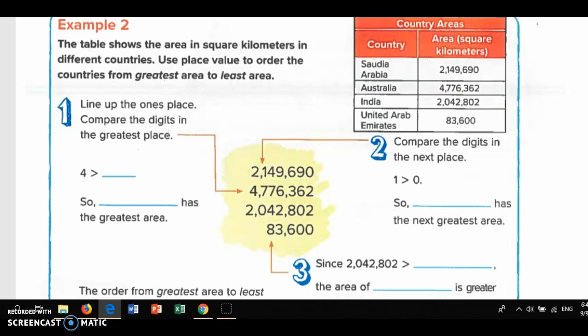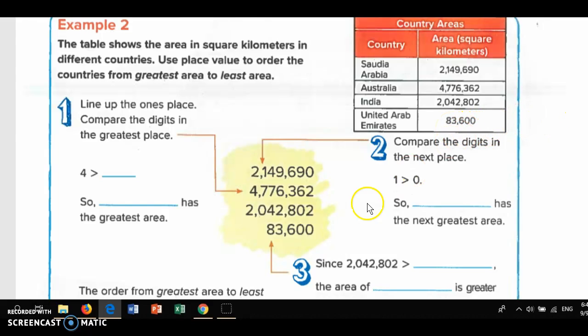Let's have a look at example 2. We have Saudi with an area, in square kilometers, of 2,149,690. Australia is 4,776,362. India is 2,042,802, and United Arab Emirates is 83,600.